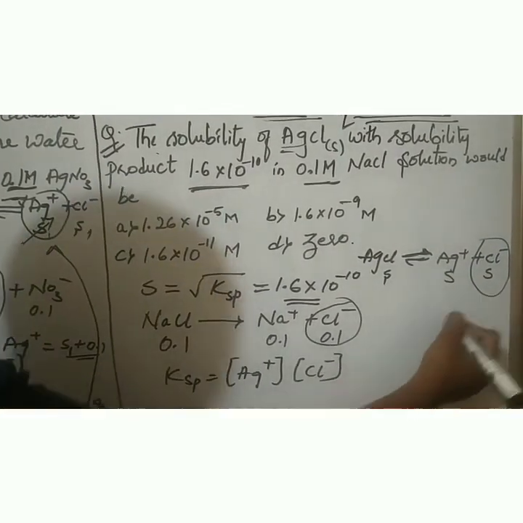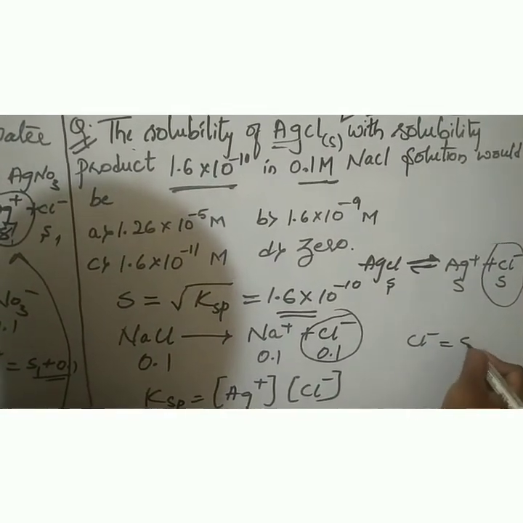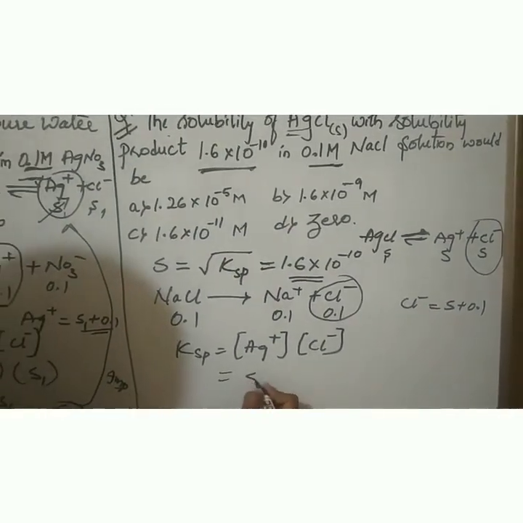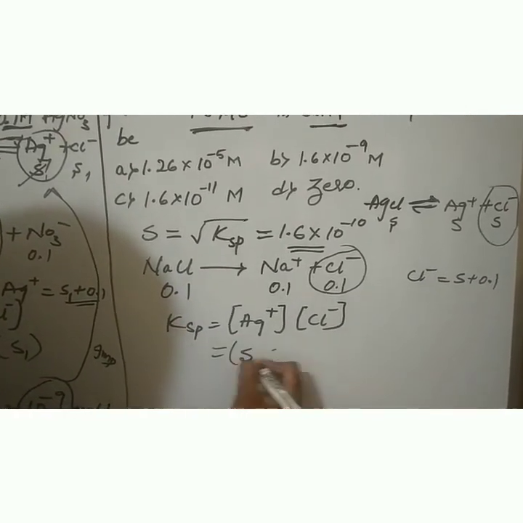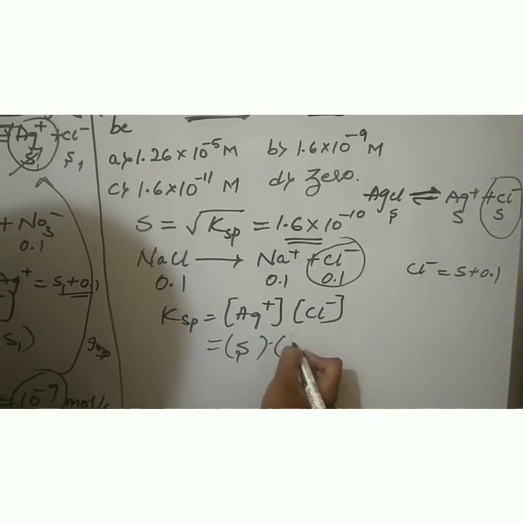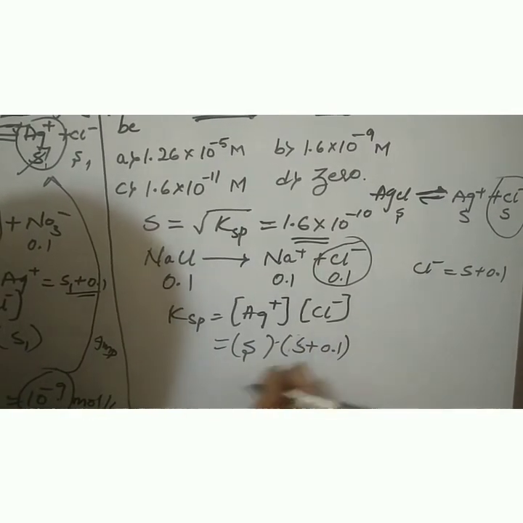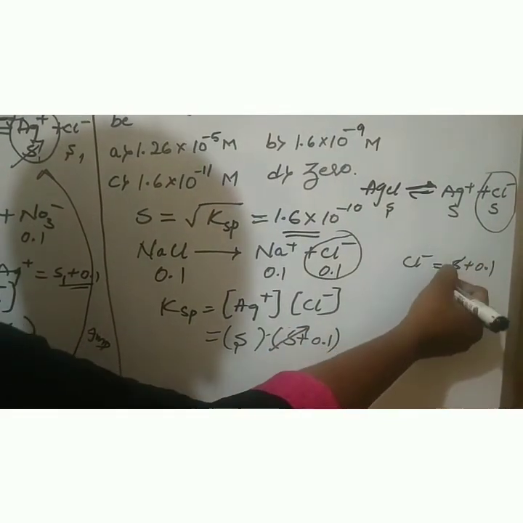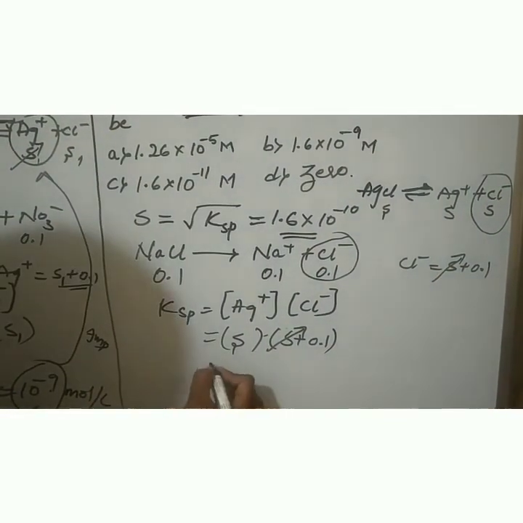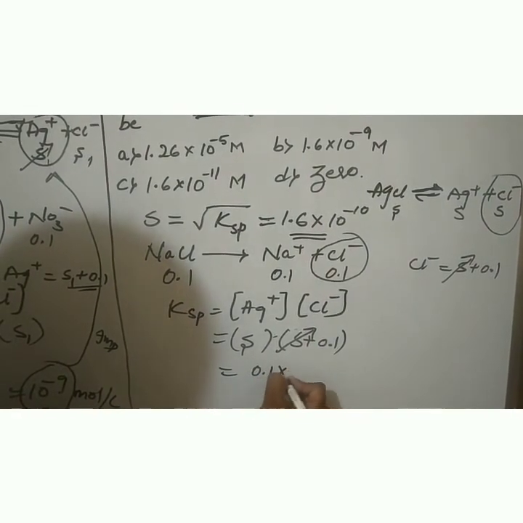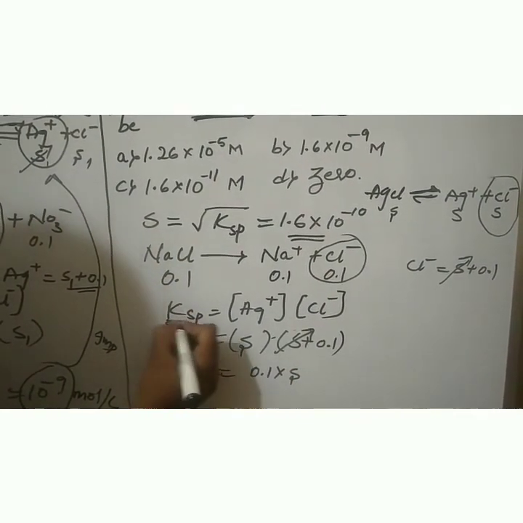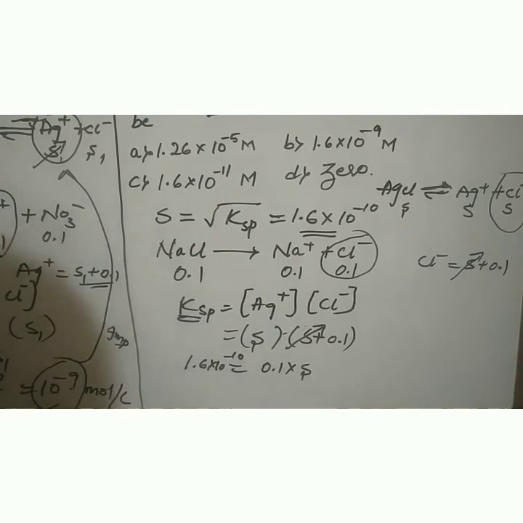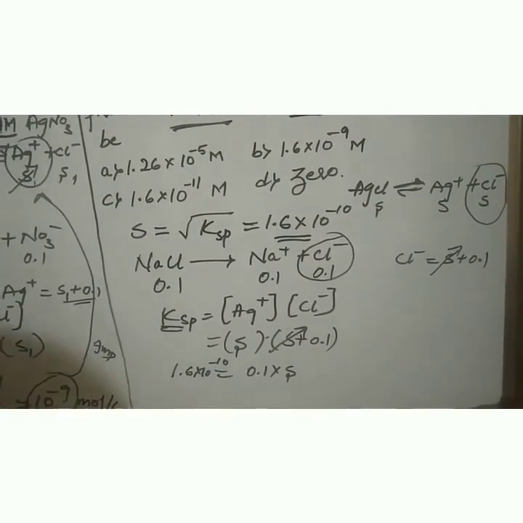If you add it, Cl- is equal to S plus 0.1. Ag+ is S, and Cl- is S plus 0.1. As I said in the previous question, S should be neglected, so you get 0.1 into S. The given solubility product is 1.6 into 10 raised to minus 10.